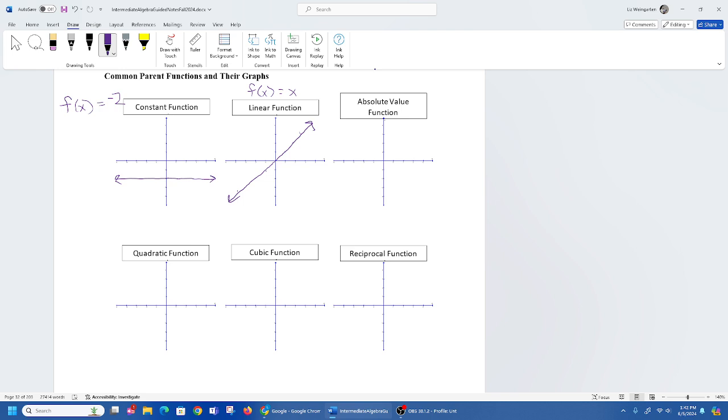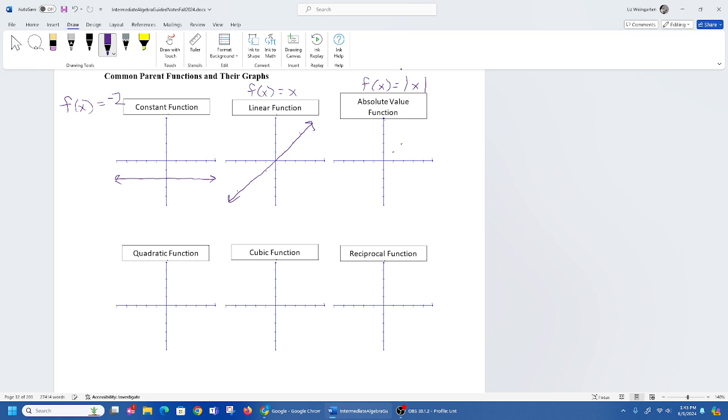The absolute value function looks like this. It's equal to the absolute value, and these are vertical lines, of x. That vertical line you can find on your keyboard by clicking Shift and then the button right above Enter on the right-hand side of your keyboard. The absolute value function looks very similar to the linear function.